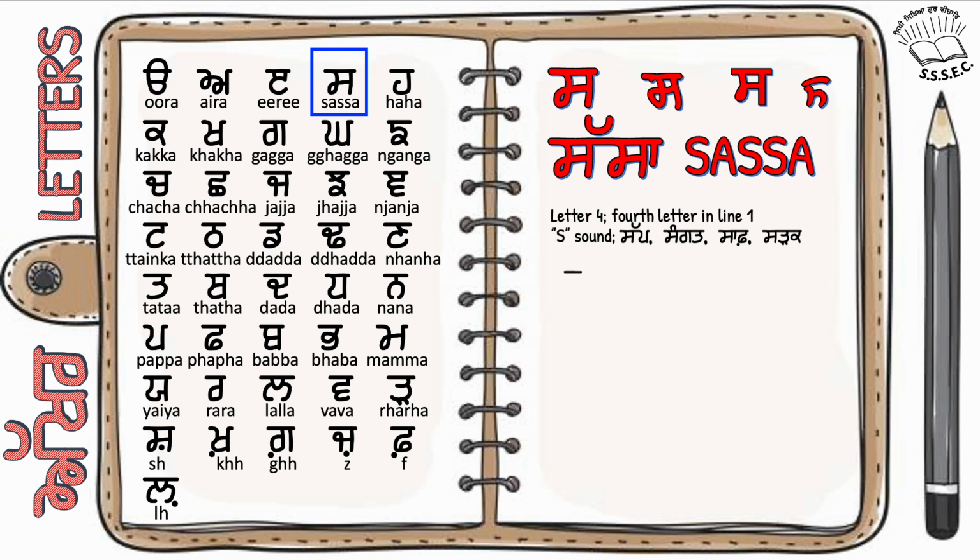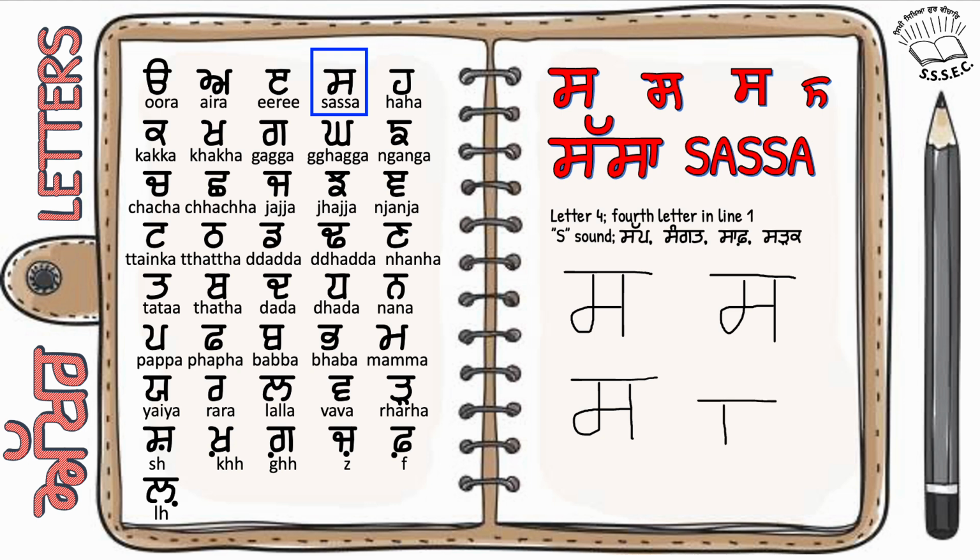Ik lori hor likhte hain, so we'll write it a couple more times. Make sure that you're practicing this as well. Sasa makes an S sound.